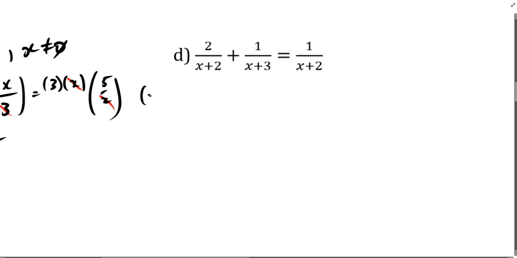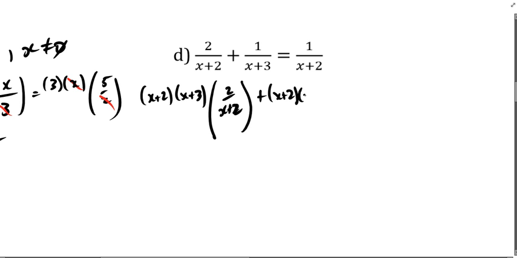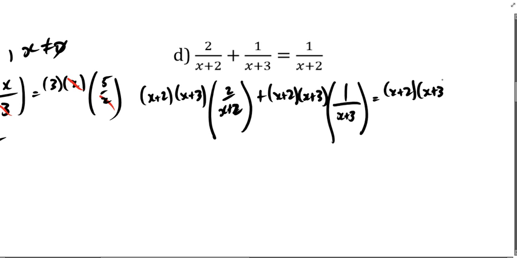I'm just going to multiply everything by x plus 2 times x plus 3, times 2 over x plus 2, plus x plus 2 times x plus 3 times 1 over x plus 3, equals x plus 2 times x plus 3 times 1 over x plus 2.